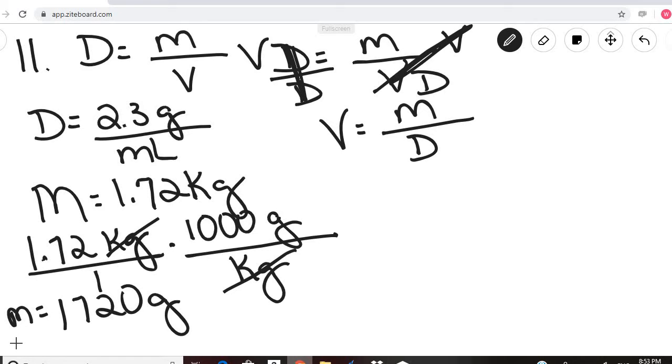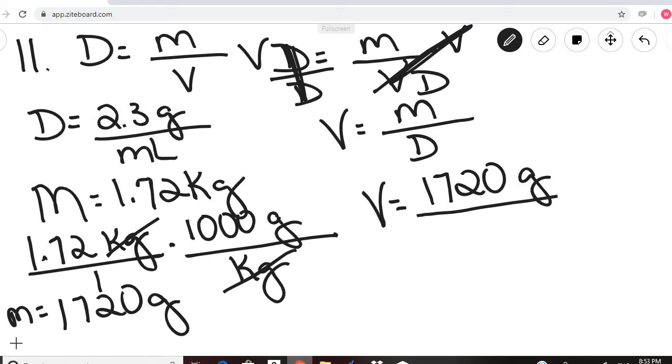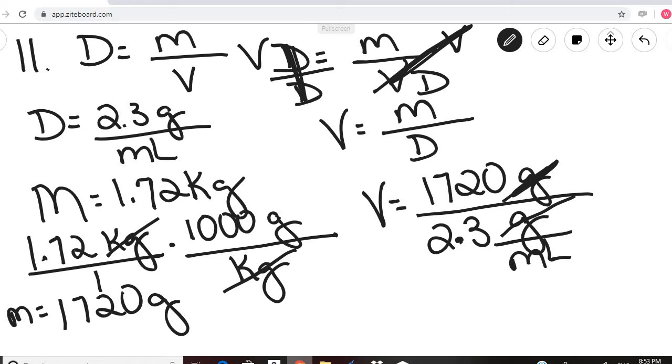Okay, so the mass we said was 1,720 grams, and the density that we were given for silicon is 2.3 grams per milliliter. So we have a gram on the bottom and a gram on top. That's going to cancel. And this is like 1 over a milliliter, and dividing by a fraction is the same as multiplying times a reciprocal.